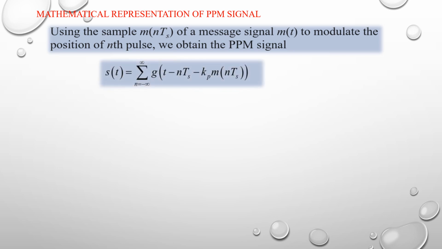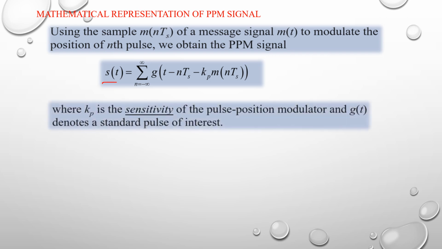The modulated PPM signal is s(t) = summation n from minus infinity to infinity of g(t - nTs - kp m(nTs)), where kp is the sensitivity of the pulse position modulator and g(t) denotes a standard pulse of interest.